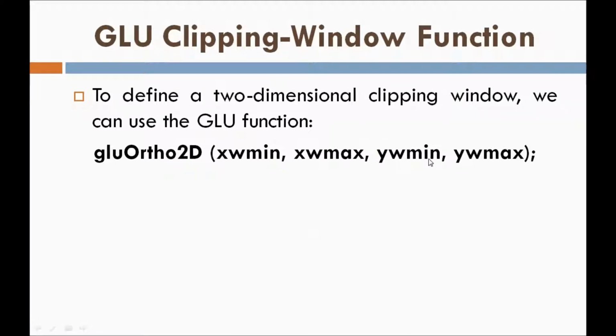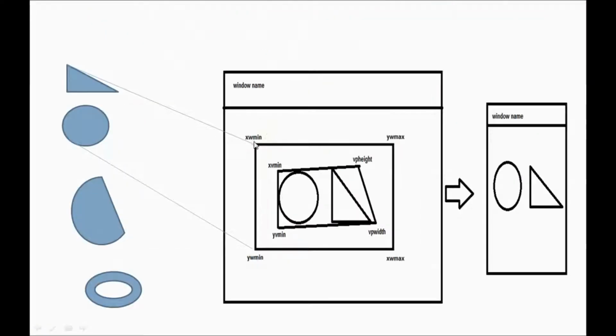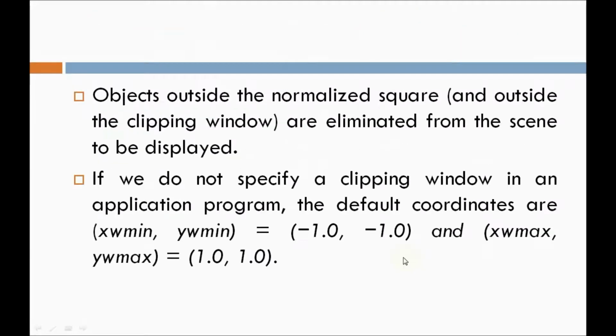So these are the 4 parameters mainly used to set the clipping window, right? You have seen that, right? See, these 4 parameters I am using here. Getting? Now, you know that objects outside the clipping window will be eliminated from the scene.